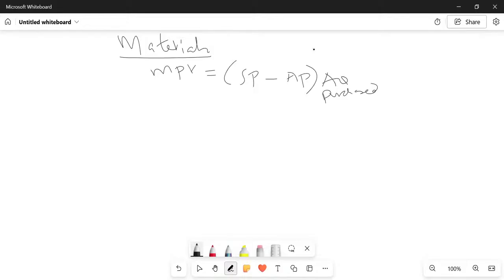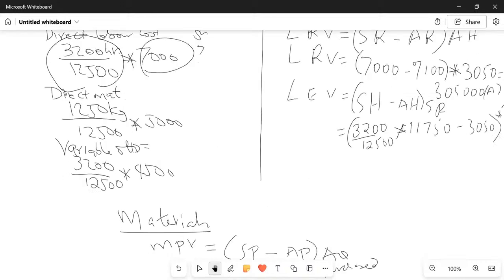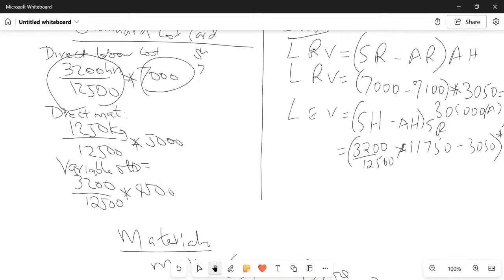So in this very question, do we have the standard price per kilogram? Yes, we do. You can see here, it is 5,000.